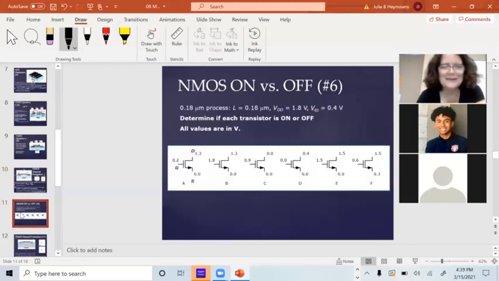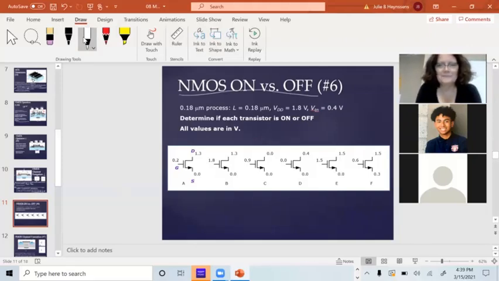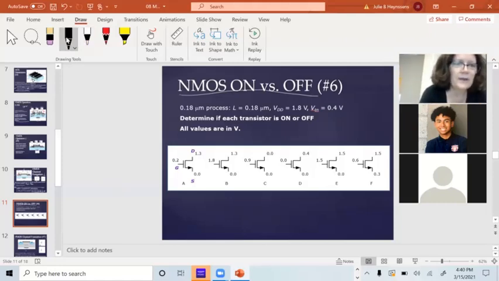Okay. So we wanted to, really basic, determine: are these MOSFETs on or off? The first thing I want to do is label the gate, the source, and the drain. And all I have to figure out is what VGS is. So for A, I've got my gate at 0.2.